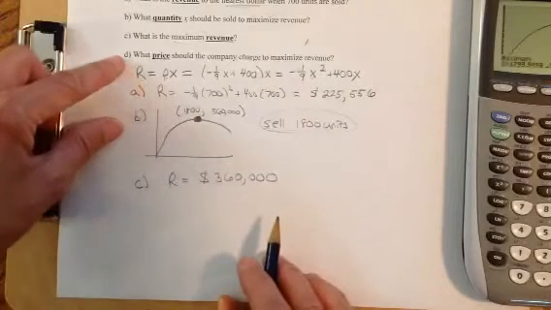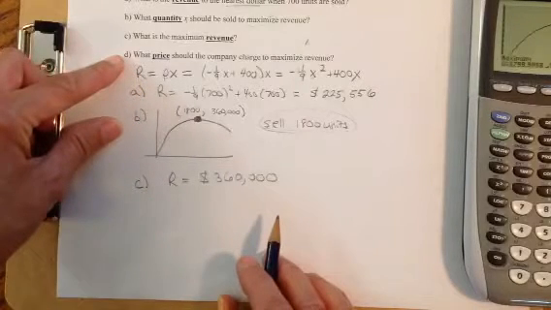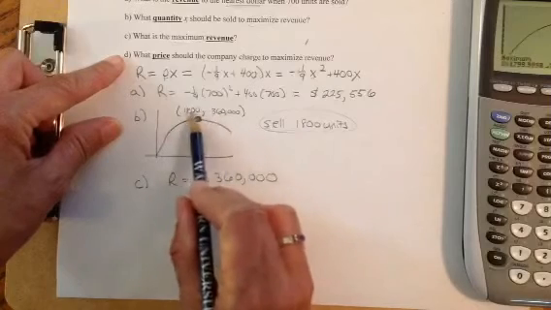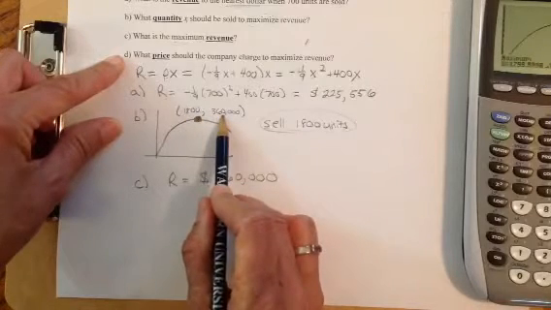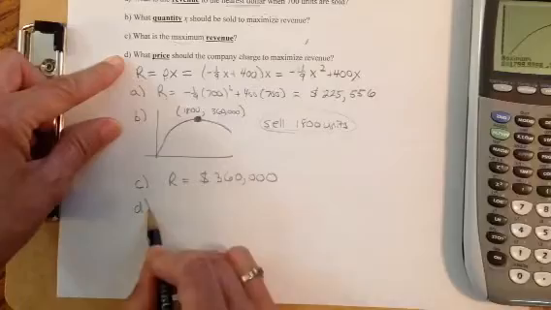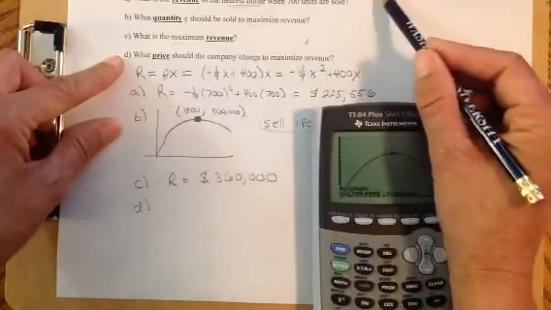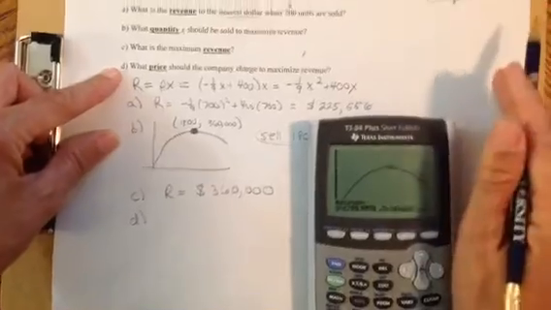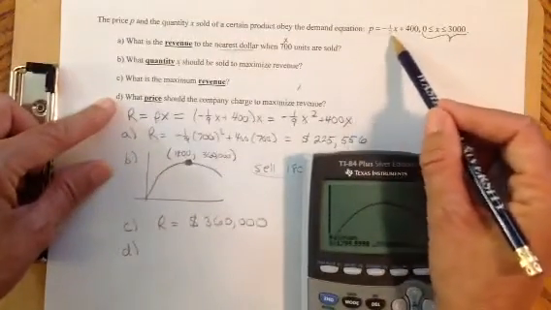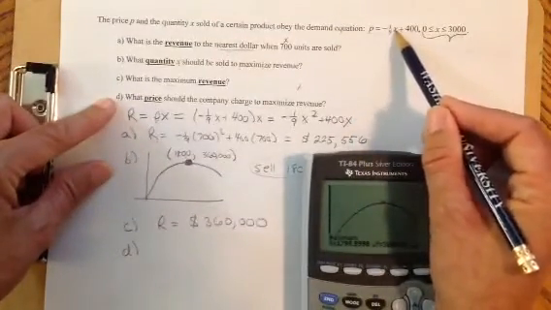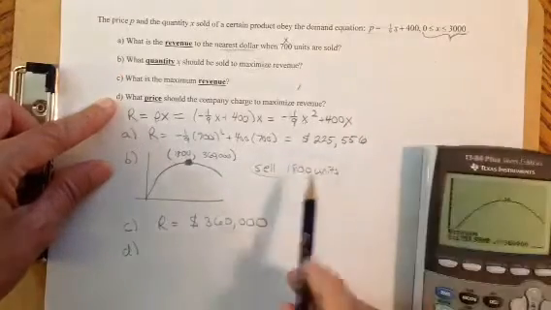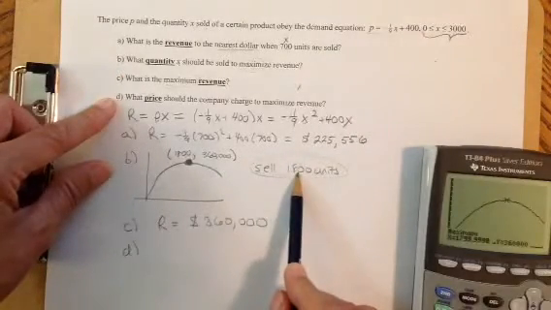Okay, now the last part. What price? I've already used both these numbers. How do I get price? Couple of different ways you can do that. One, you can go back to the formula that was given to you. Here's the formula for price. I now know the X value is 1,800 if I want the max.